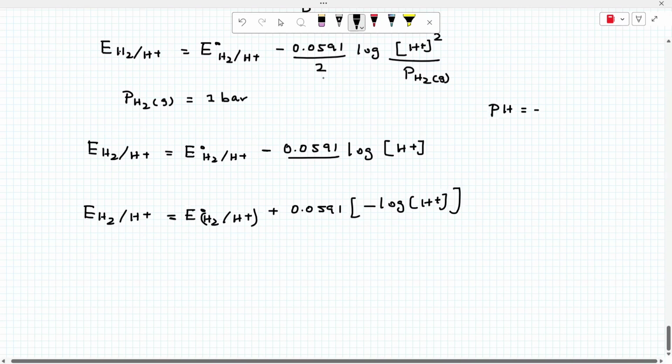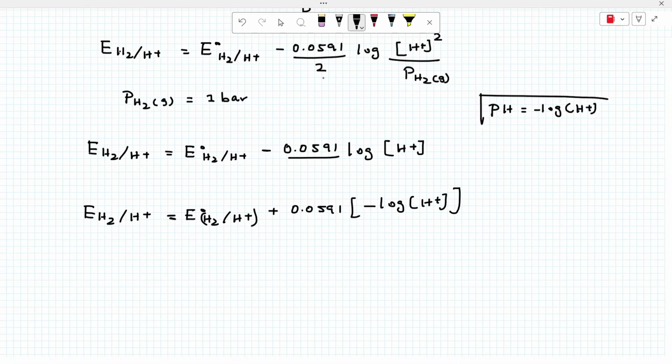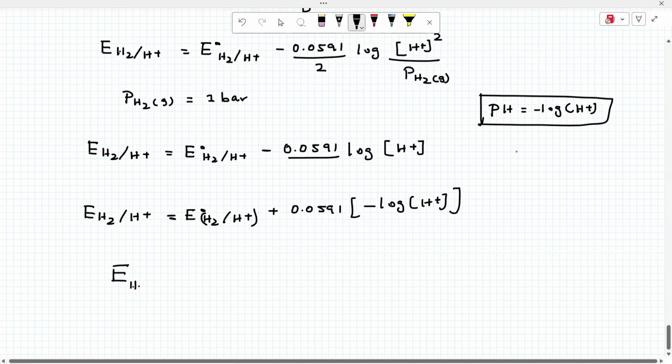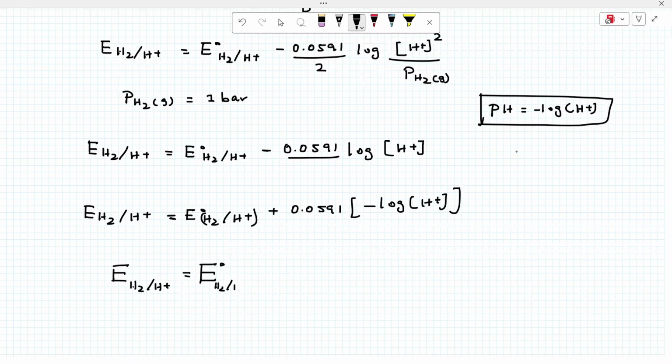It is pH. Therefore, I replace minus log H plus with pH. Now, what is the final formula? E for H2 and H plus equals E naught for H2 H plus, minus 0.0591 into pH.